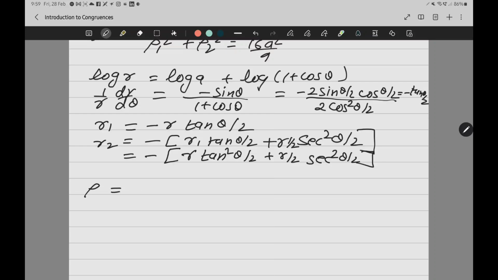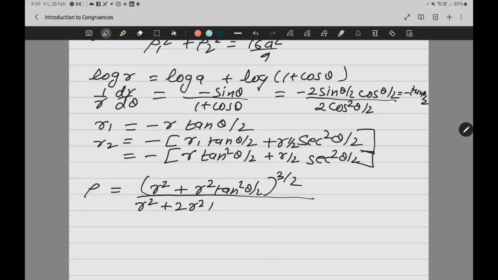Now I am not writing, I am just putting the value: R square plus R1 square power 3 by 2 upon R square plus 2 R1 square minus, so minus and minus become plus R2. So R tan square theta by 2 plus R by 2 secant square theta by 2.